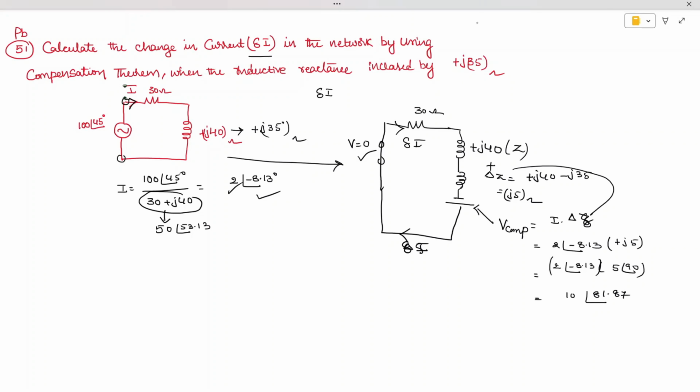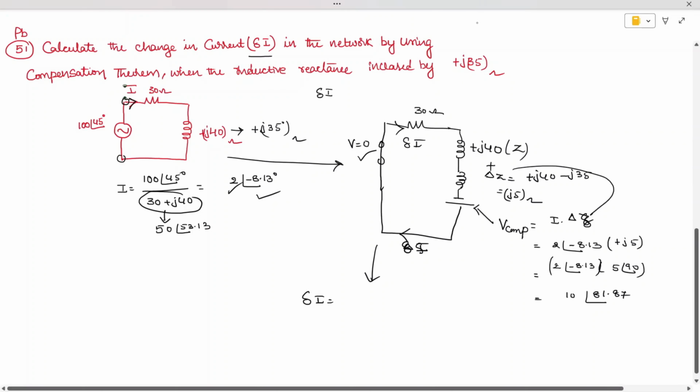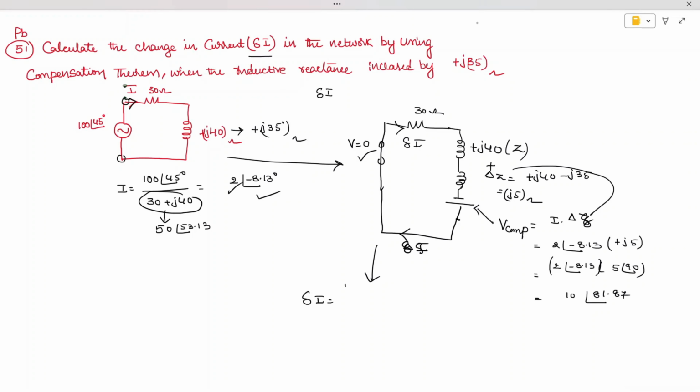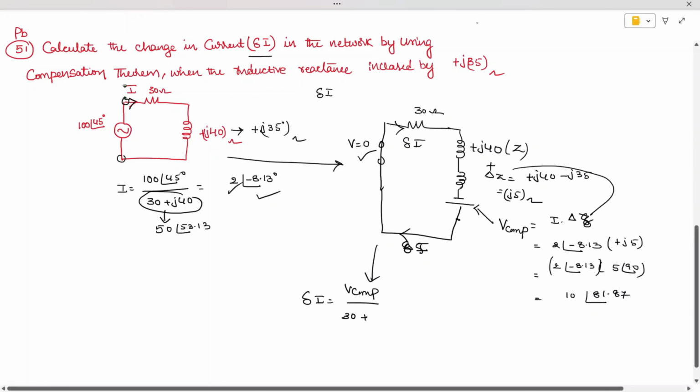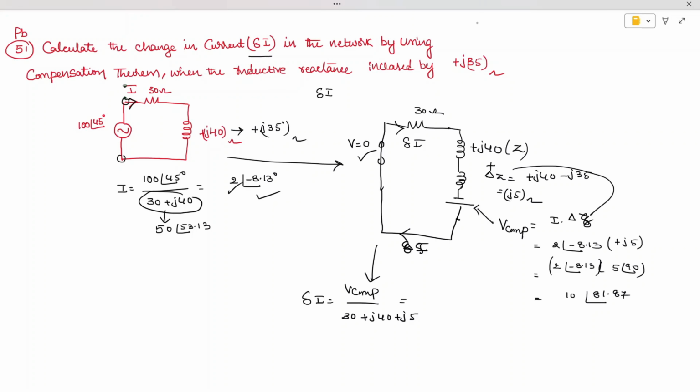The change in current delta I is equal to V compensation divided by the impedance we have: 30 plus J40 plus J5. That's all. So just write down those values: 10 at an angle of 81.87 divided by 30 plus J45.